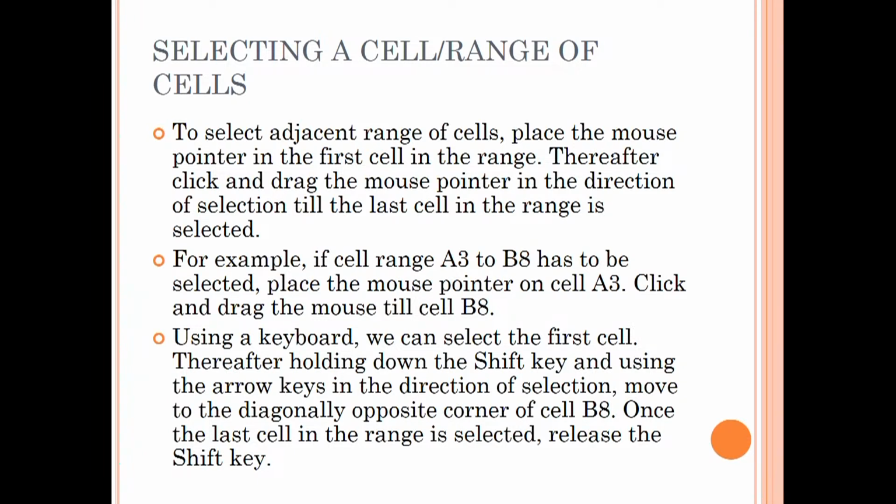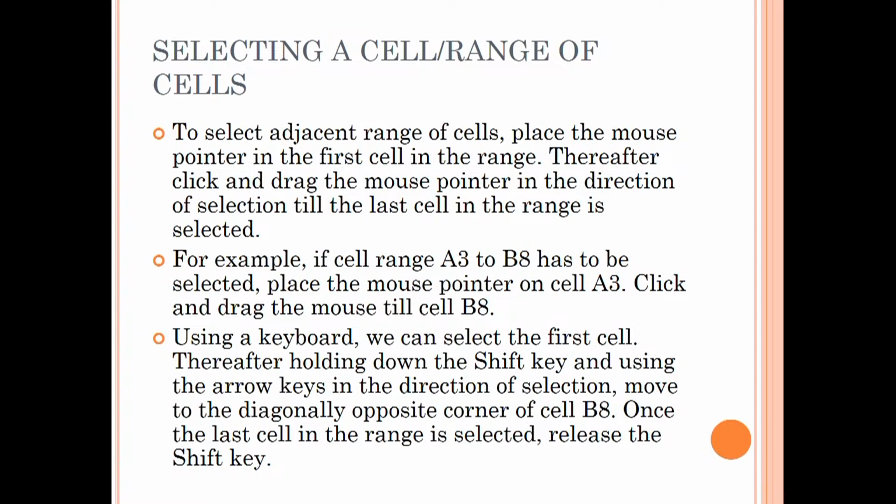Suppose you have to select 10 cells, then you are going to point your mouse to the first cell and then drag the mouse till the 10th cell, until your entire range is selected. So that is how you select adjacent cells. For example, if cell range A3 to B8 has to be selected, then place the mouse pointer on the cell A3, click and drag the mouse till the cell B8.